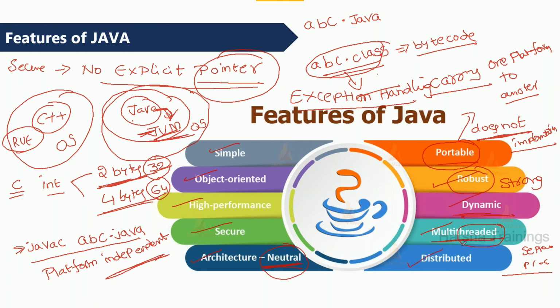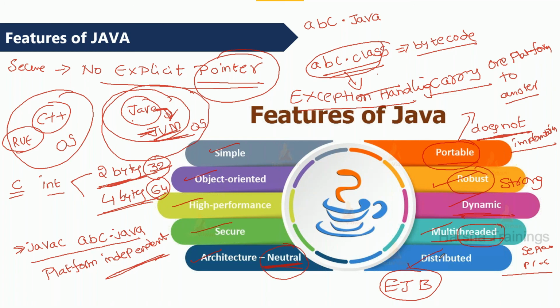Now the last one is distributed. Java allows us to create distributed applications. I will explain the applications later. For example, EJB, which is a Java bean, is used for distributed applications.